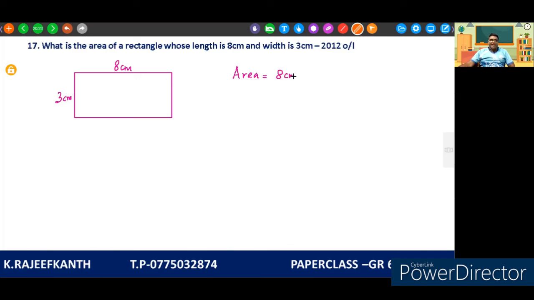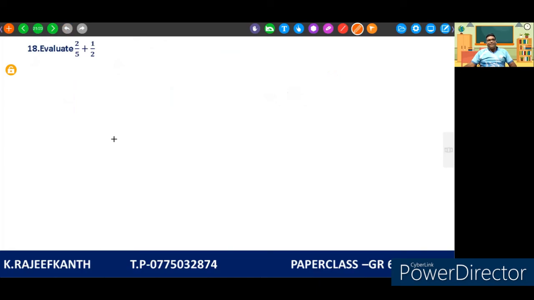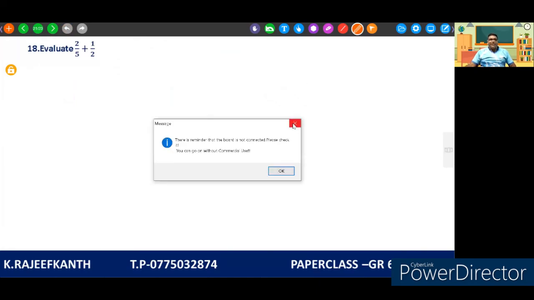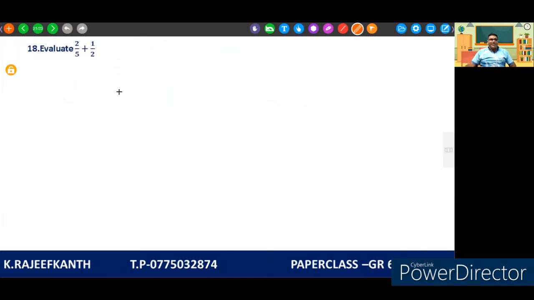So 8 centimeter into 3 centimeter is equal to 24 square centimeter, or centimeter squared. Then the area of this rectangle is equal to 24 centimeter squared. Then question number 18. Here, evaluate 205 plus 102.